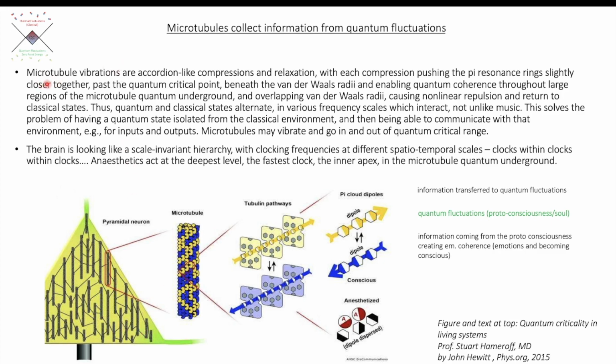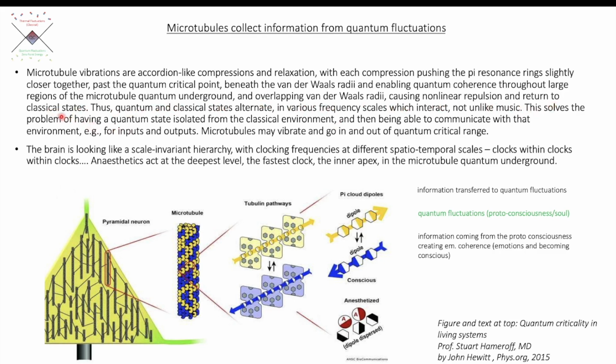And okay, let me read out the text here from Stuart Hameroff. Microtubule vibrations are accordion-like compressions and relaxations, with each compression pushing the pi resonance rings slightly closer together, past the quantum critical point, beneath the van der Waals radii, and enabling quantum coherence throughout large regions of the microtubule quantum underground, and overlapping van der Waals radii, causing non-linear repulsion and return to the classical state.